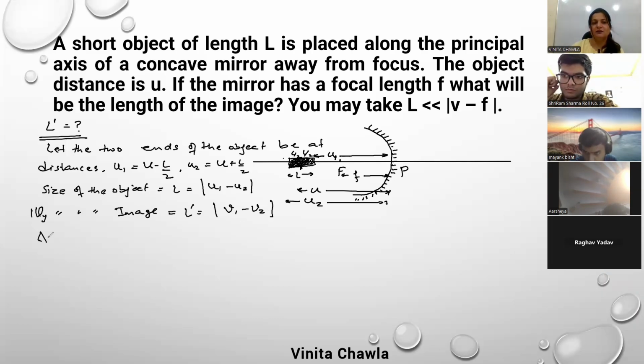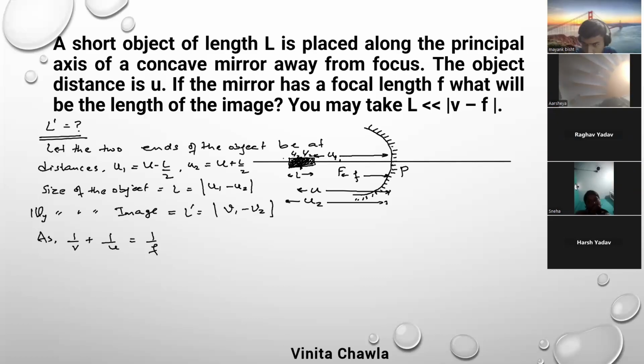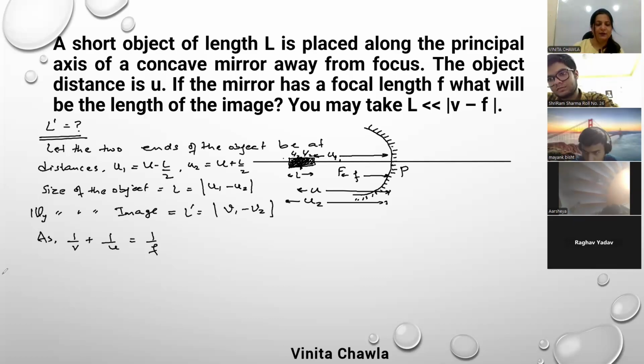ठीक है? As 1 by v plus 1 by u is equal to 1 by f, now use this identity to find v. So this implies 1 by v is equal to 1 by f minus 1 by u.